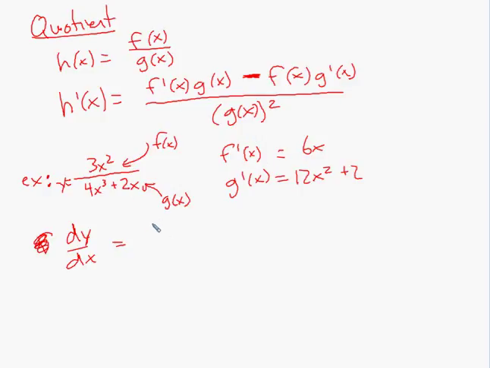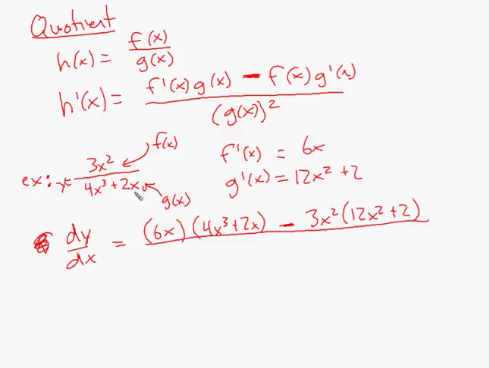So f prime of x is 6x times g of x, minus f of x times g prime of x, and then I square my denominator. So I have 4x cubed plus 2x, squared.